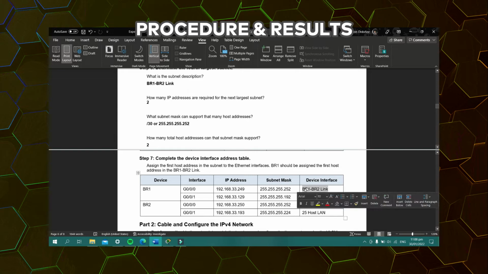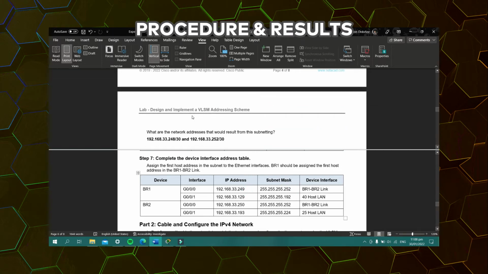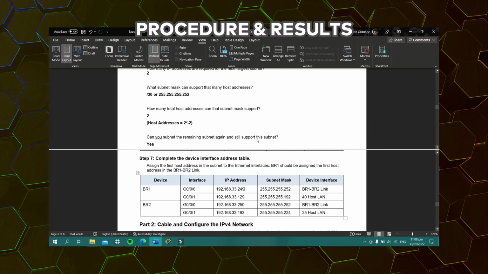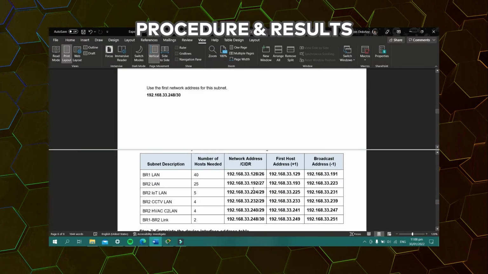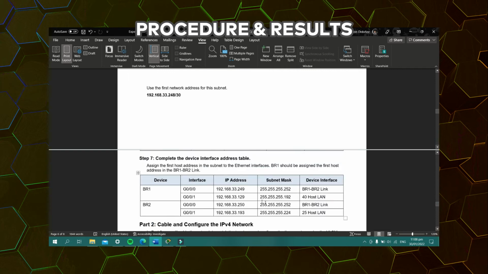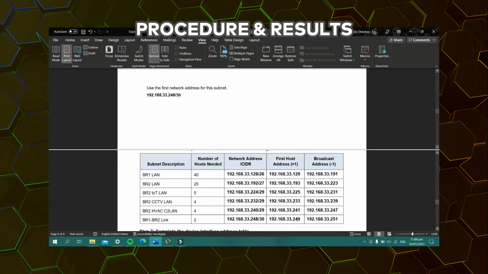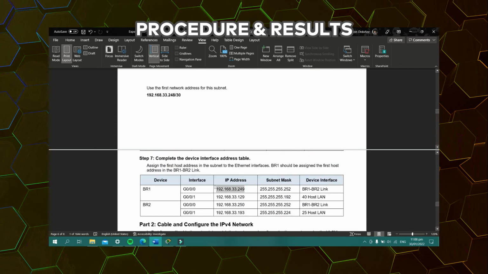And for the IP address, we would use the first host address, 192.168.33.249.